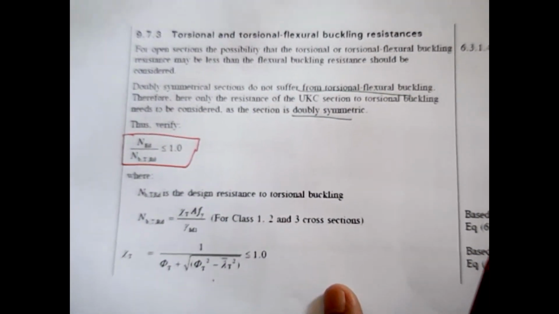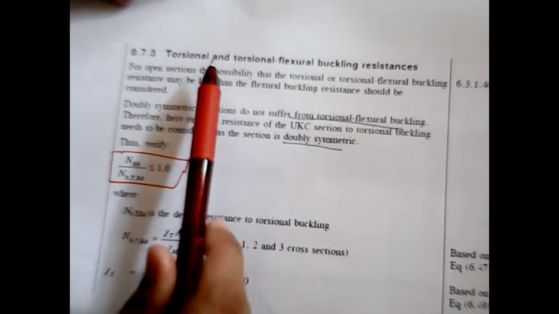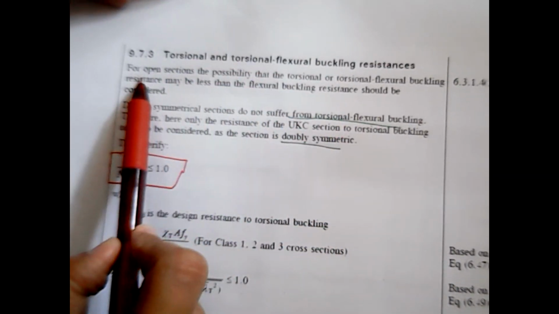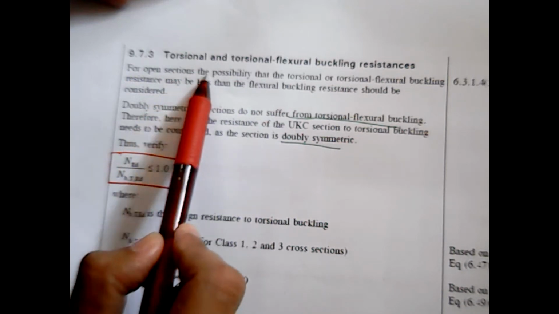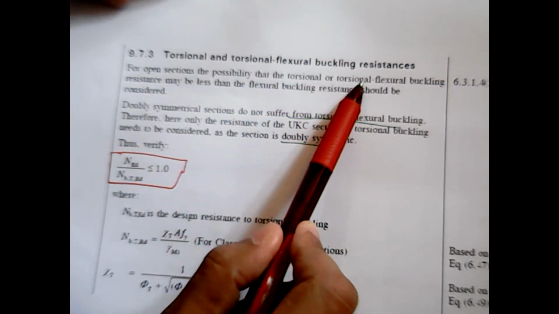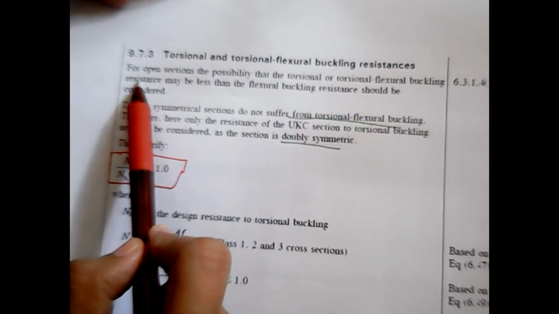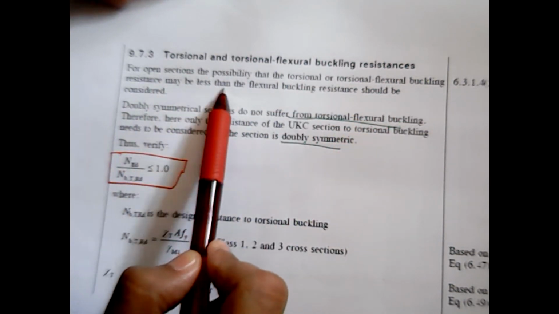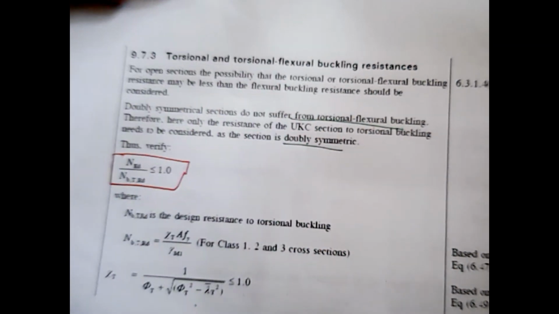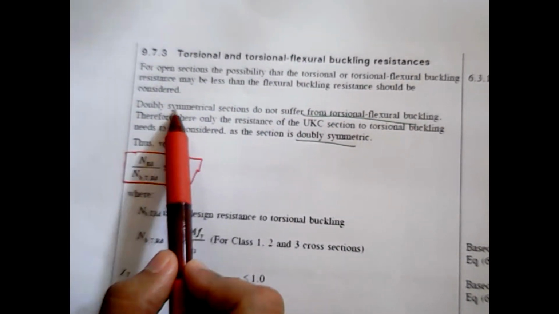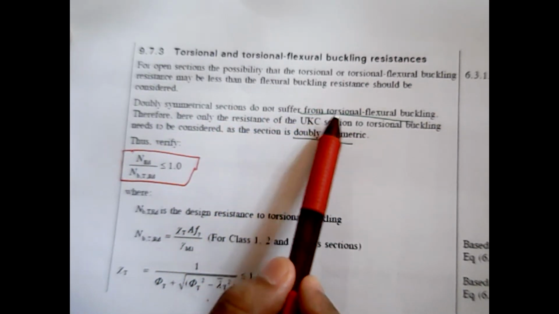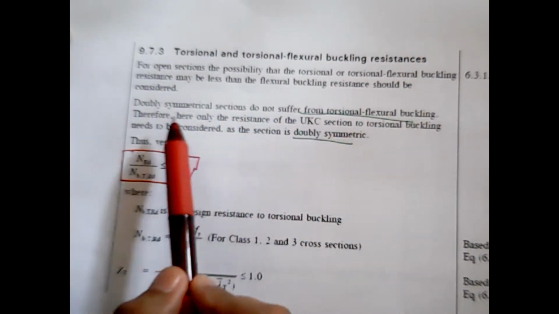So go back to your notes. Torsional and torsional flexural resistance is stated that for open sections, the possibility that the torsional or torsional flexural buckling resistance may be less than the flexural buckling resistance should be considered. Doubly symmetrical sections do not suffer from torsional flexural buckling.